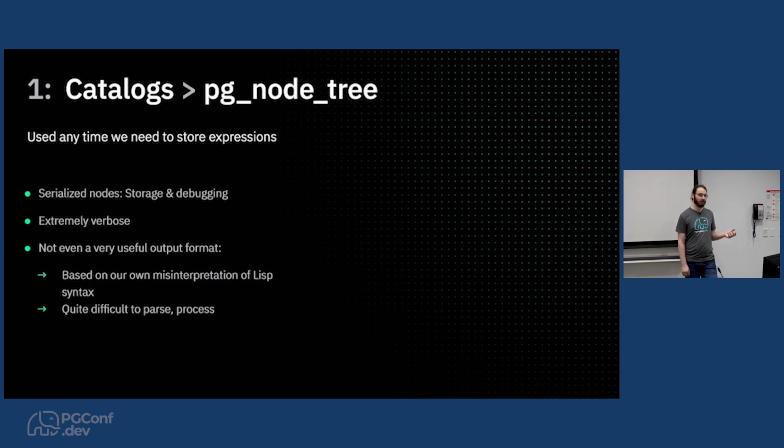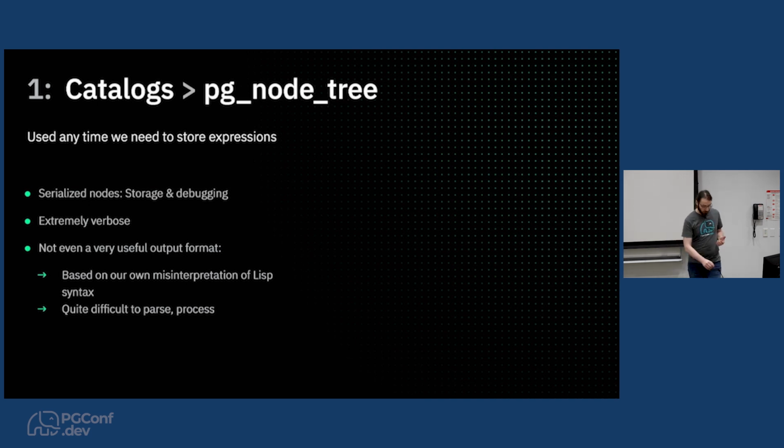But they are not user visible, and when you query the catalogs, for instance, the PG rewrite catalog, which contains a lot of this, you will notice that it is very verbose and difficult to find the exact thing that you're looking for. And because there is no nice way to query this, it's not a great format, both for user debugging and for the general storage.